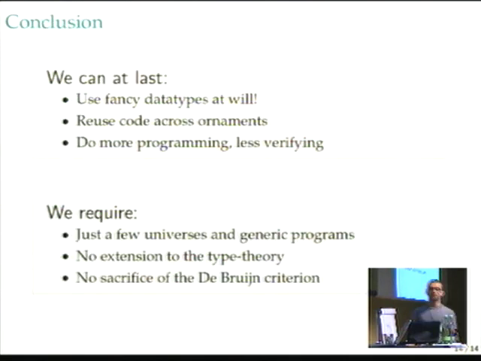So to conclude, with this system, we are hoping that, especially within dependently typed languages, we can start using these fancy data types we all love, with indices to enforce constraints and properties of your data types, and that should not cost you.